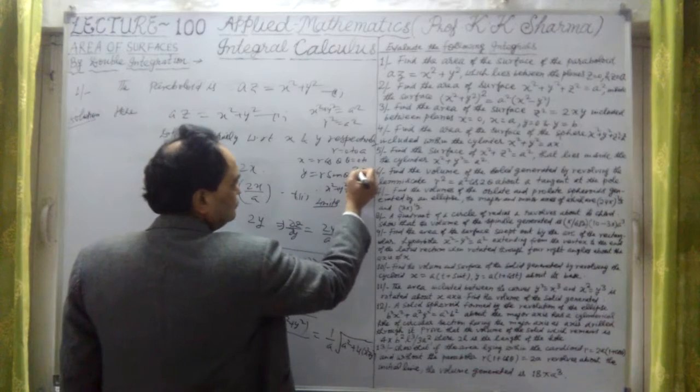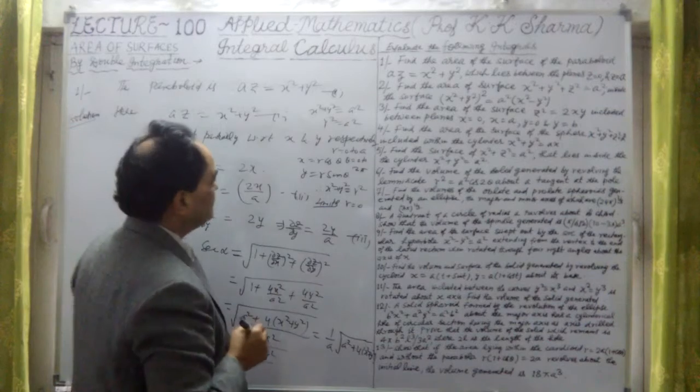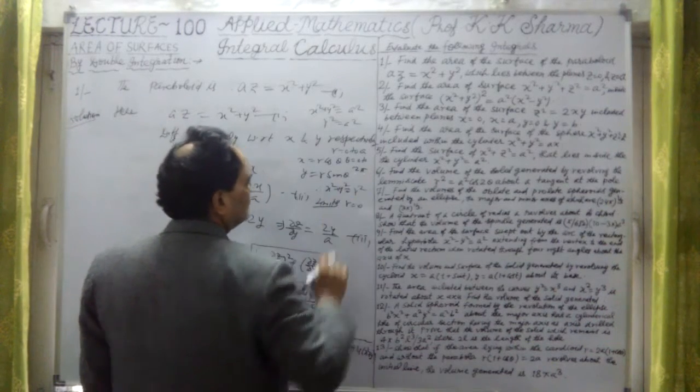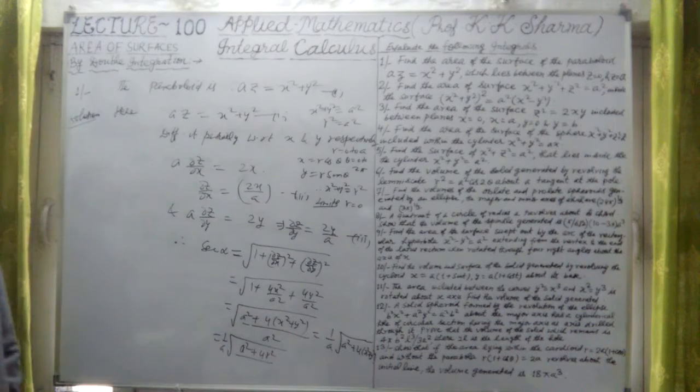Why theta equal to 0 to 2 pi? Because in this case the whole surface area is to be taken, with theta from 0 to 2 pi. Here r cos theta equals x, and if I substitute x, the limits would be 0 to pi by 2 for theta.